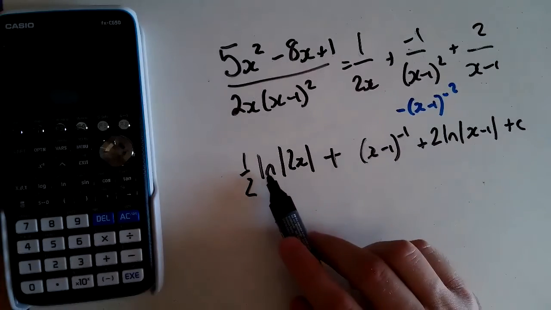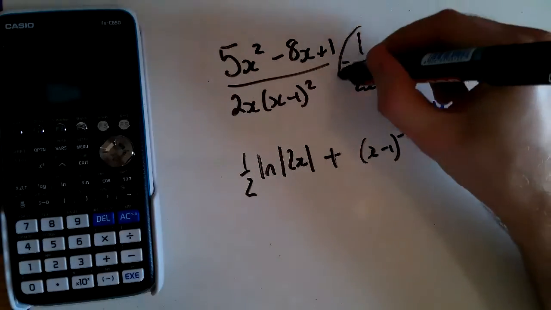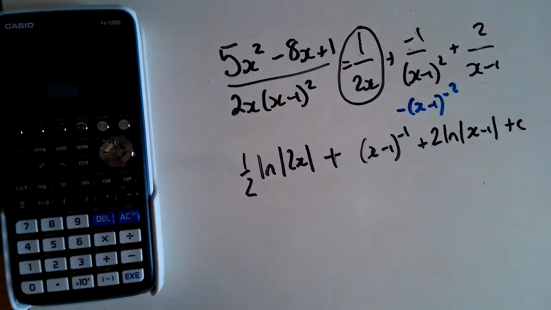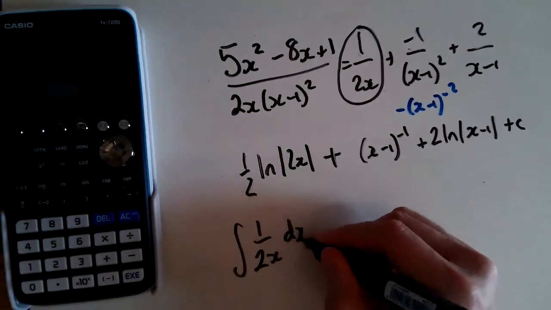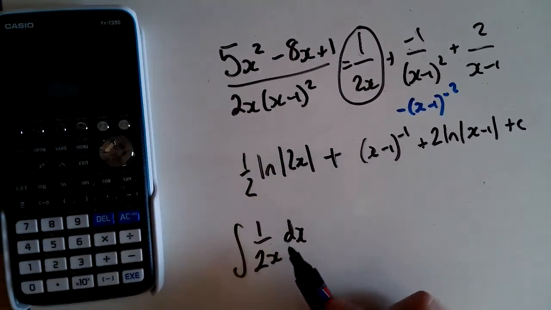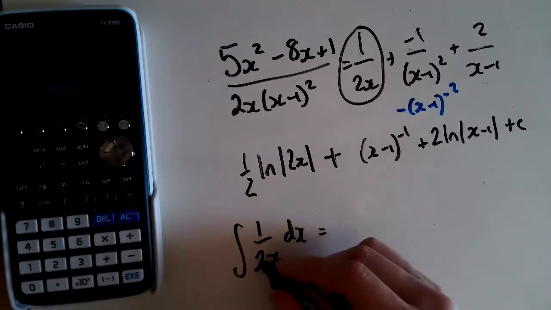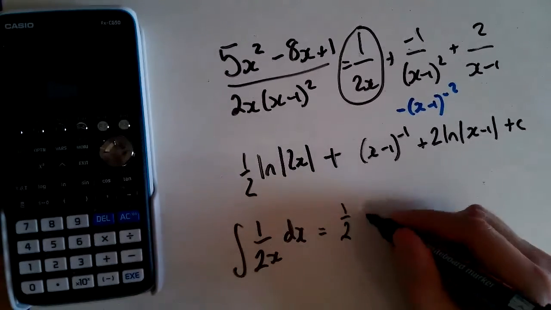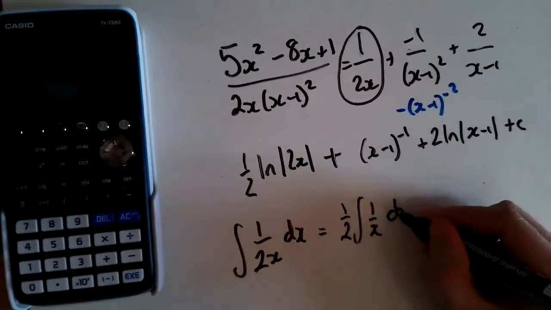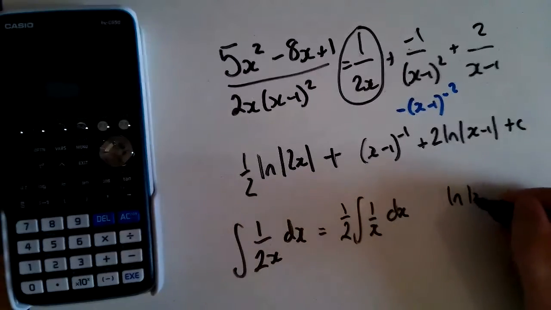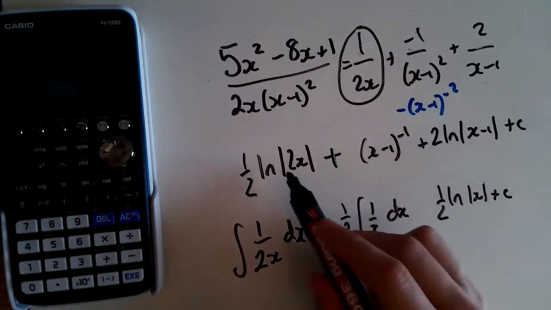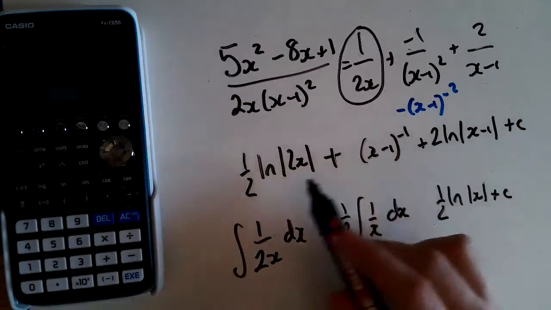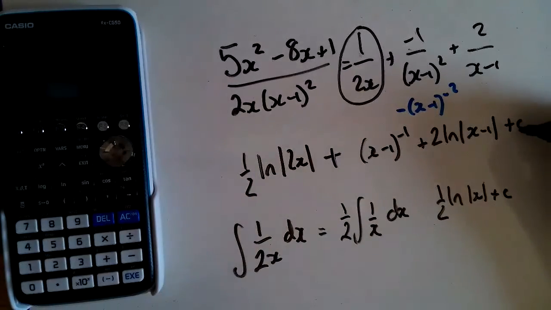Now, if you're happy with this, we could stop here. However, this term here, some of you might spot you can integrate slightly differently. That integrates into that, but it can also integrate into, if you factorize out the half, 1 over x gives me ln x, and then times by a half, plus c. The reason why these two things look different, yet still give me the same answer, is because of the constant at the end.